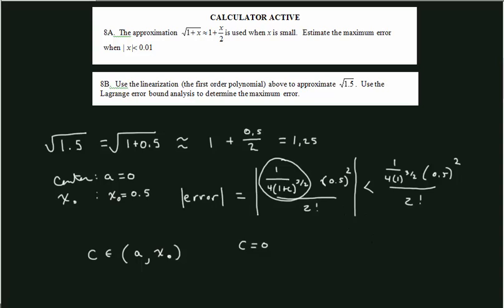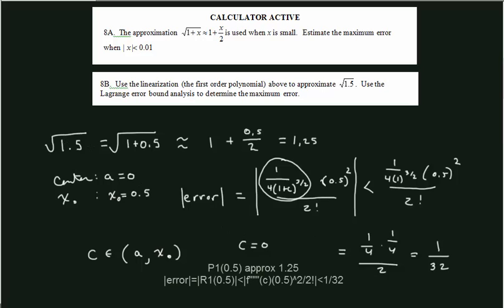And you could see that that's equal to 1 over 4 times, well, 1/2 squared is 1 over 4, all over 2, so that's going to be equal to 1 over 32. So the maximum error for approximating the square root of 1.5 using the linear approximation, according to the Lagrange error bound theorem, is 1 over 32.